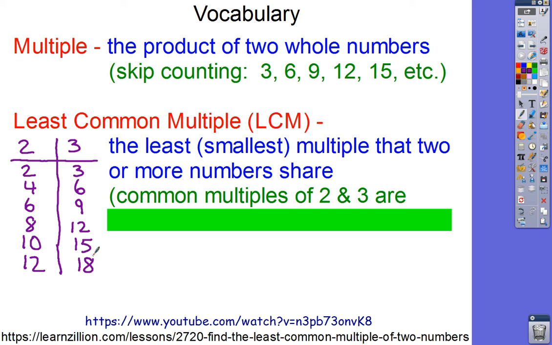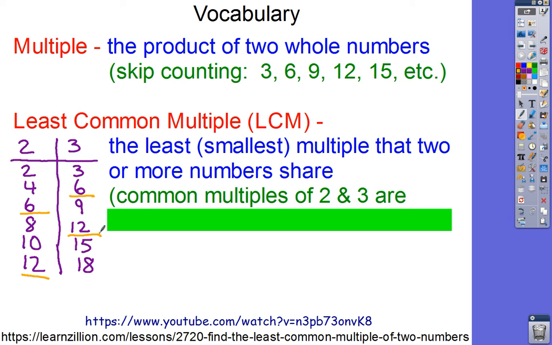Now, if I said to you, what are the common multiples? What I'm talking about is the numbers that occur in both the list of multiples of 2 and the list of multiples of 3. As I look through, I see 6 on both sides. I also see 12 on both lists. 6 and 12 are common multiples of both 2 and 3.